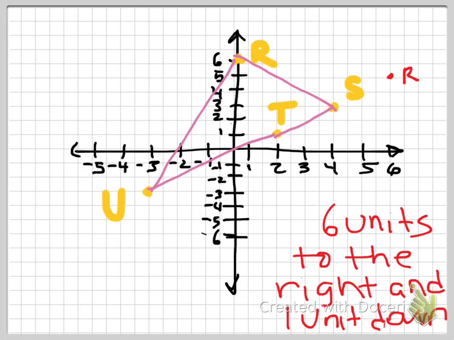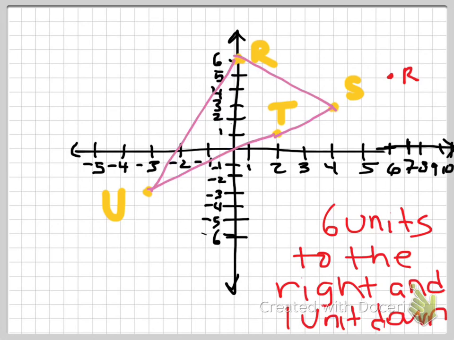And then you would do S. If we do 6 units to the right, again we're going to run out of space here. That means it goes all the way over to 10 on the x-axis. So normally I wouldn't have you do this, but for the purposes of space, I'm going to kind of scrunch this in here.